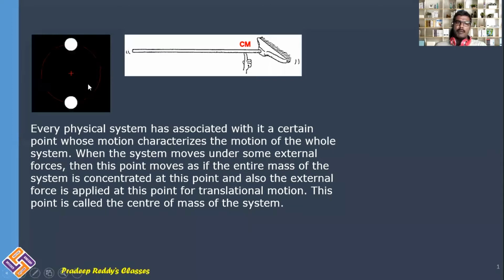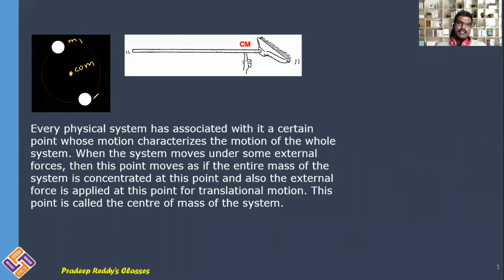These two masses may be identical or may not be identical, but those two masses will be revolving with respect to one fixed point. And that fixed point where the mass is concentrated is said to be the center of mass of the system.